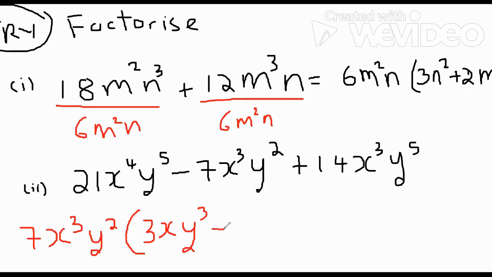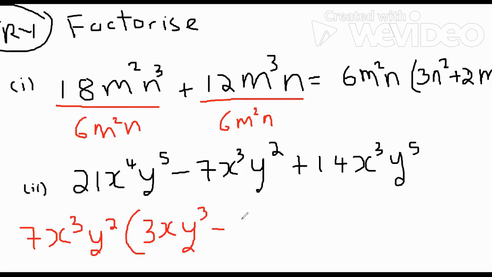Minus 7x, hold on, cubed. You sure, sir? All right, go on. 7x cubed y squared cancel 7x cubed y squared.